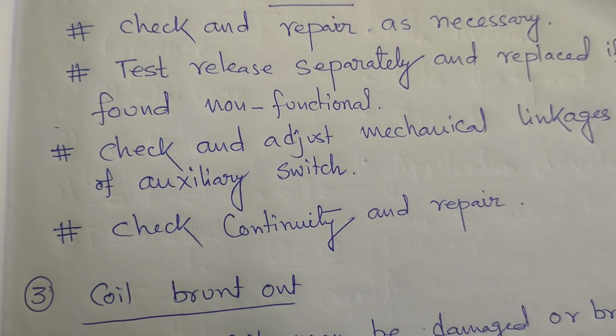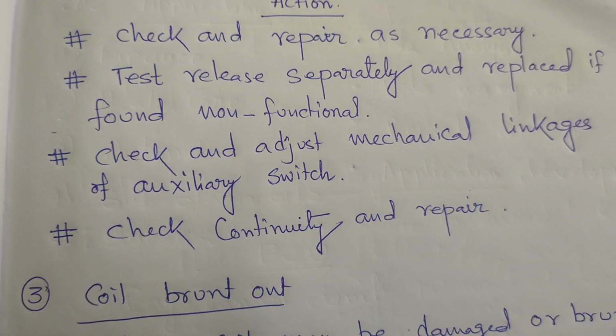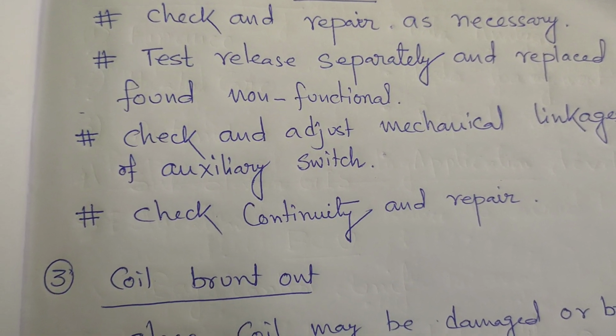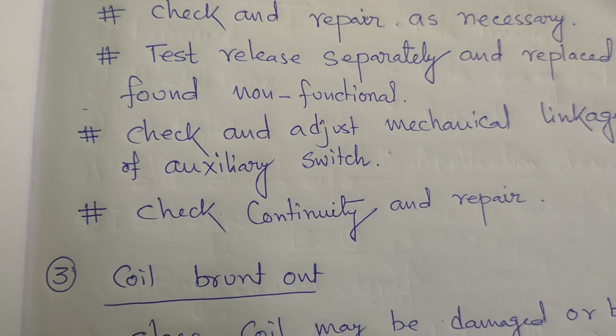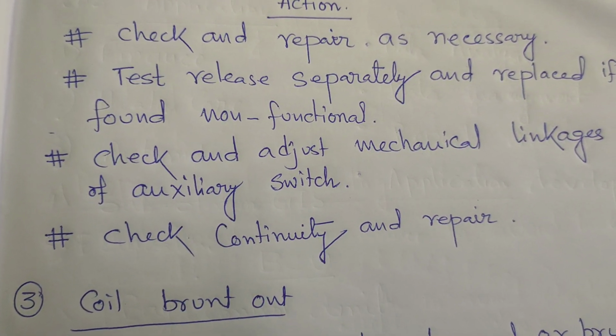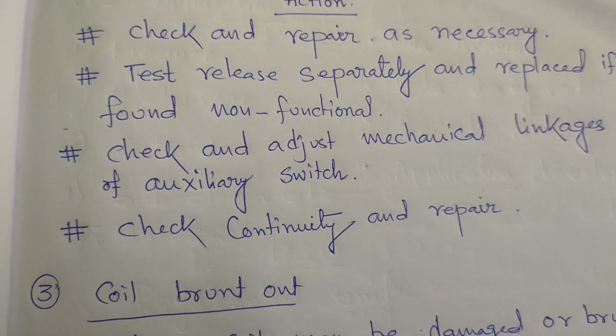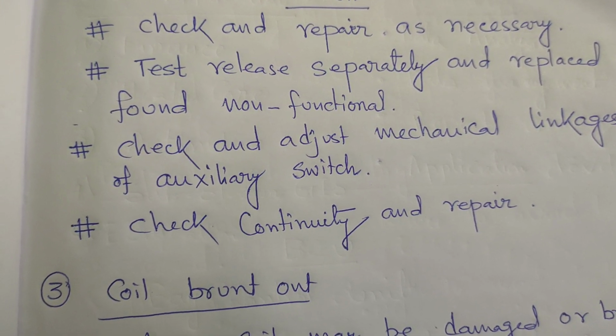Check the continuity and repair if any command is not reaching, any wire cut by some insects, or maybe due to aging, sulfation may be there. So clean the sulfation, open the terminal and tighten the terminal, and check the continuity with the help of a multimeter.